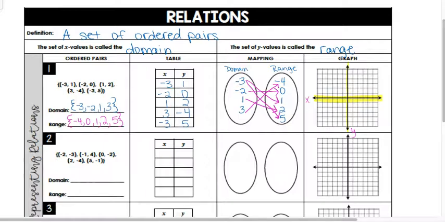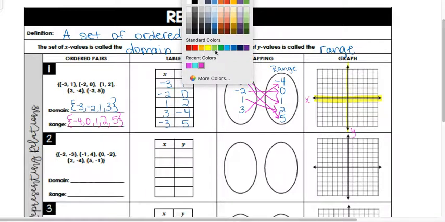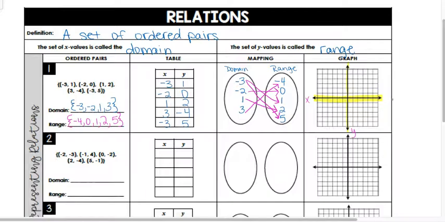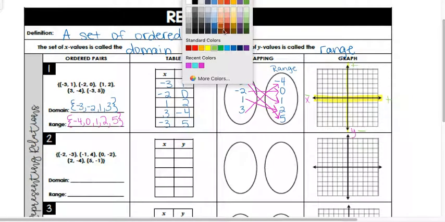And then remember that if it's a positive number from the origin on the x-axis, it's going to be to the right is positive, and then to the left is negative. And then from the origin on the y-axis, if you're going to go up, it's going to be a positive. If you go down from the origin, it's going to be a negative. All right? So I'm going to change my colors again so that I can plot these points.